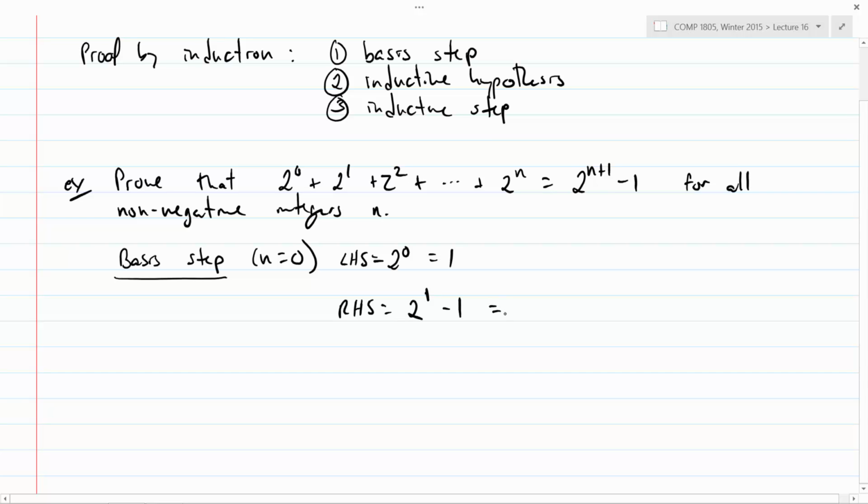So 2 to the 1 is 2, minus 1 is 1. And we see here that the left-hand side is indeed equal to the right-hand side, so the basis step is true. Right? The basis step is correct. So we verified that, which means now we move on to proving the inductive step.